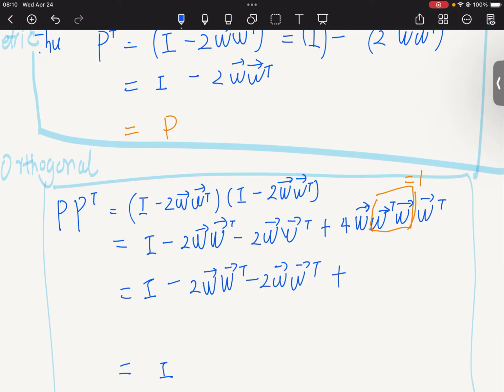At the end, this item is just 4W and then W transpose. And you would immediately see some cancellation here, this one and this one. At the end, we got the identity matrix, which proves that the Householder transformation is orthogonal.